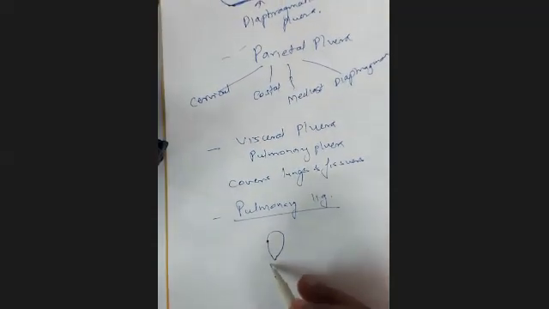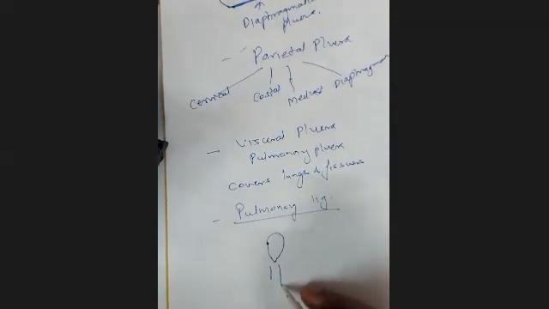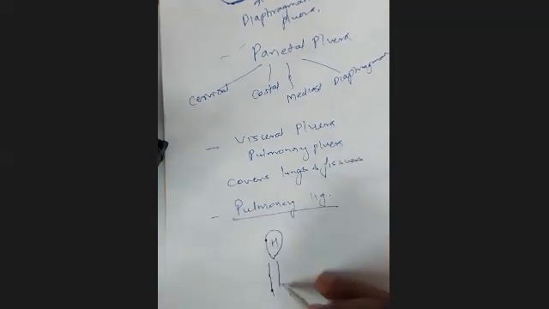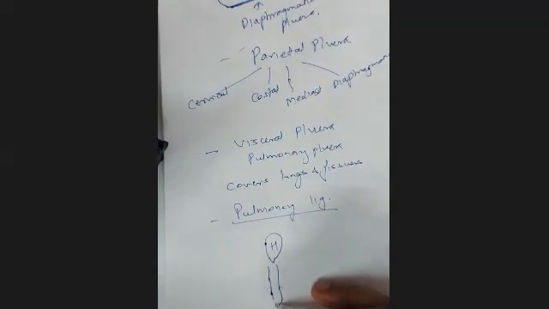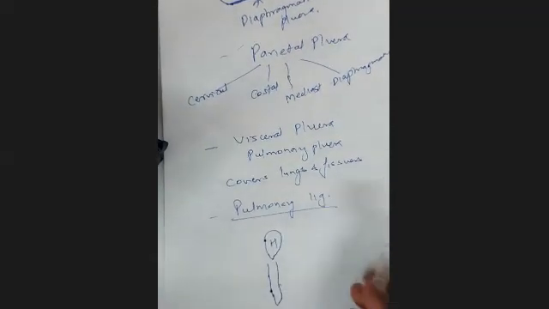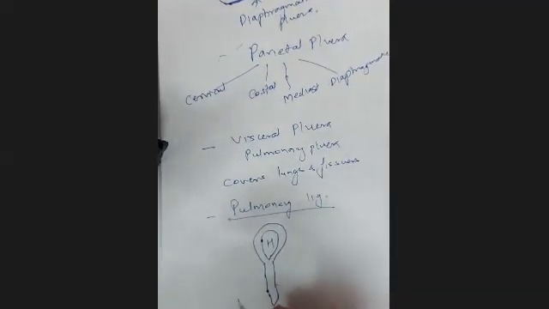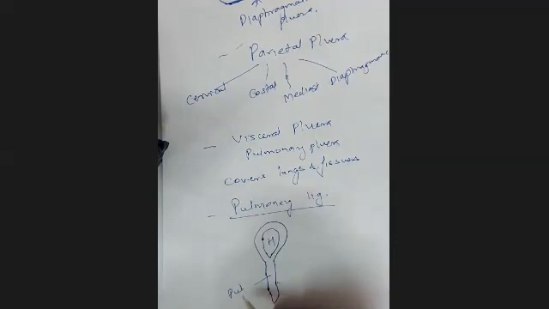After covering the hilum, the parietal pleura goes down below it as a fold, and this is the pulmonary ligament.